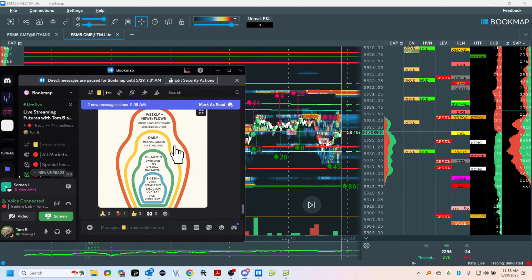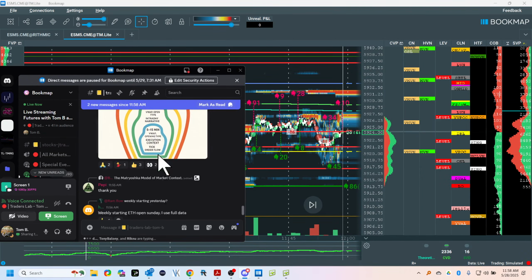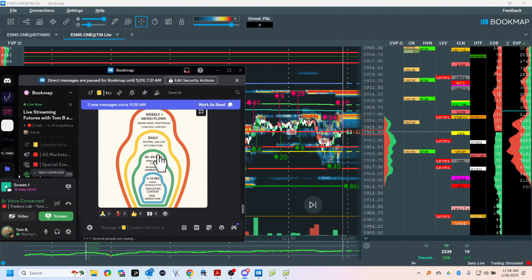Yeah, time is not part of this, but this is a good concept. This is the idea of a Matryoshka doll. Now, time is not an element in any of this, but it's a good way to express it. But everybody has to do their own thing. I'm not saying you can't use a clock, but when you get to the intraday developing time frame, if you will, there is no time.